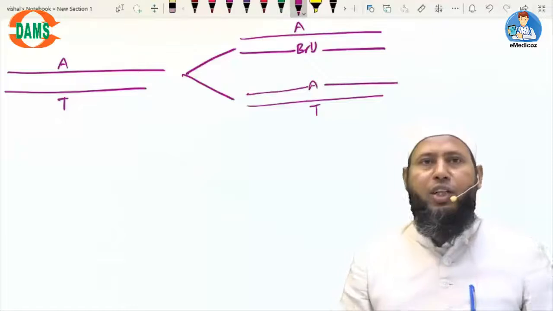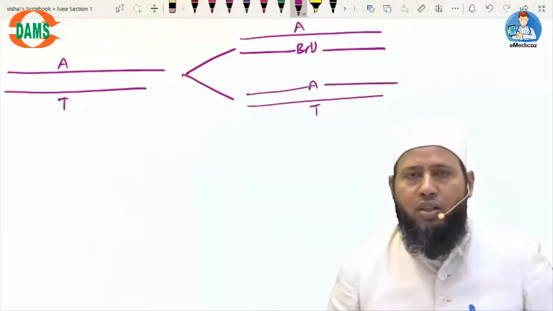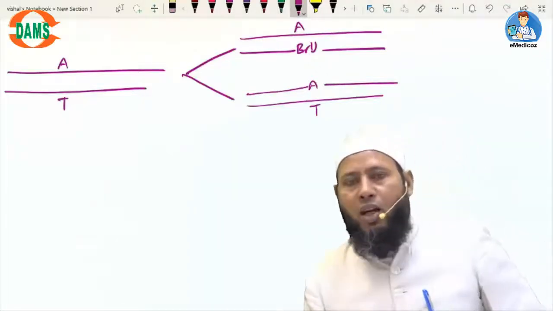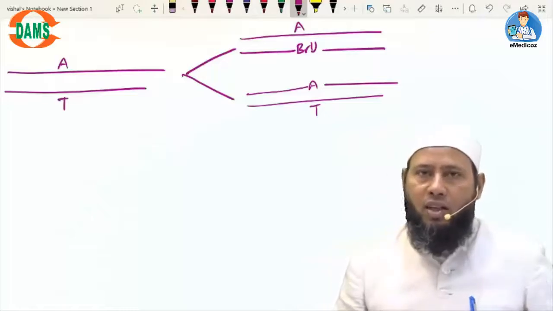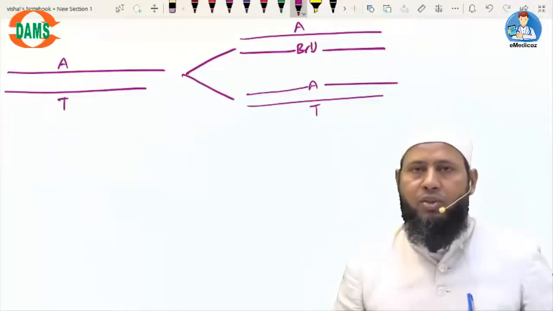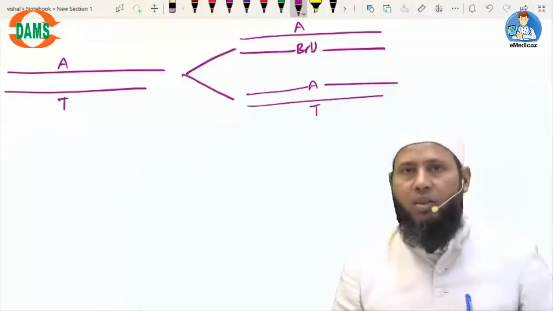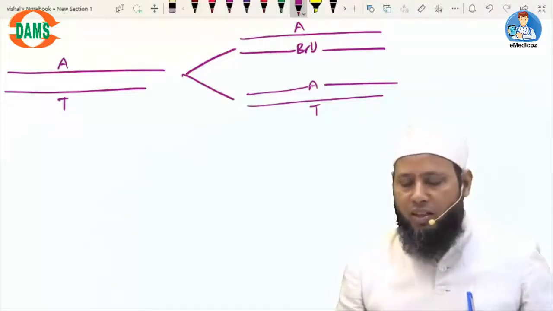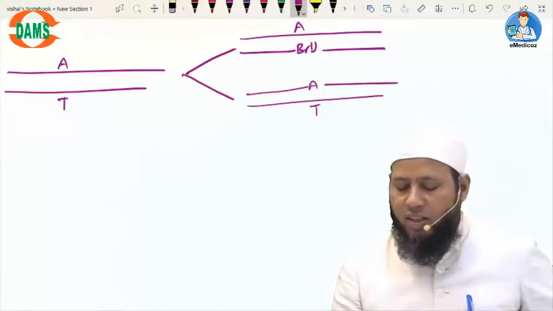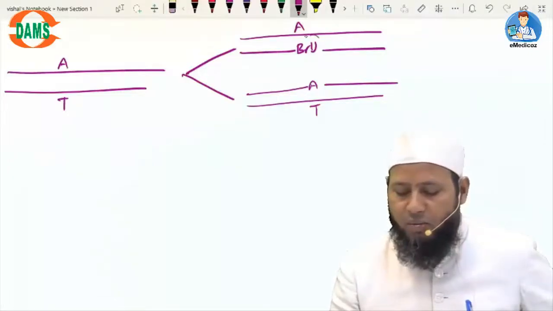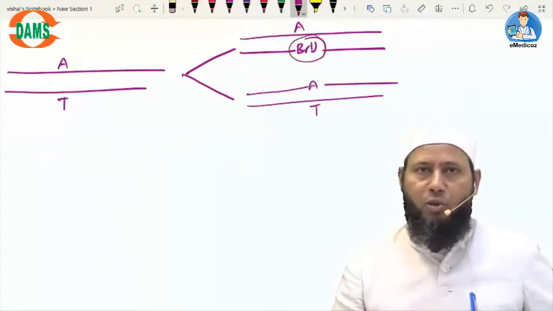So during DNA replication, if the bromouracil is present in the medium, it goes inside the cell into the cytoplasm, and from the cytoplasm it goes into the nucleoplasm. When the cell is replicating its DNA, at the place of T, this bromouracil can incorporate.